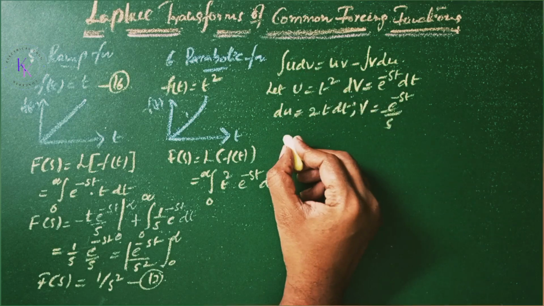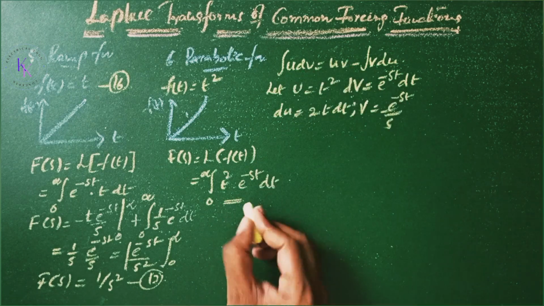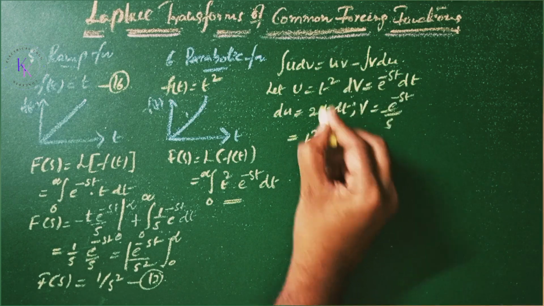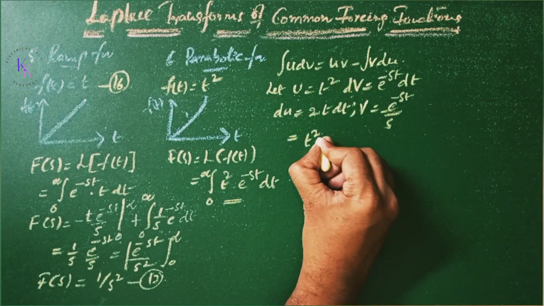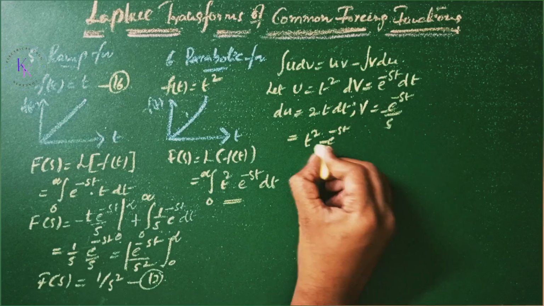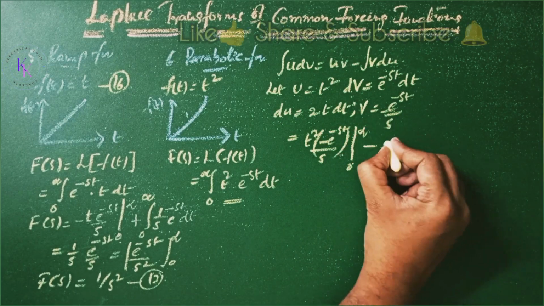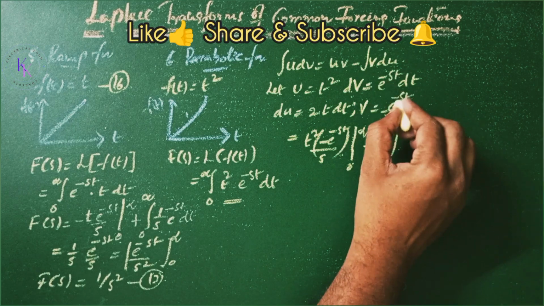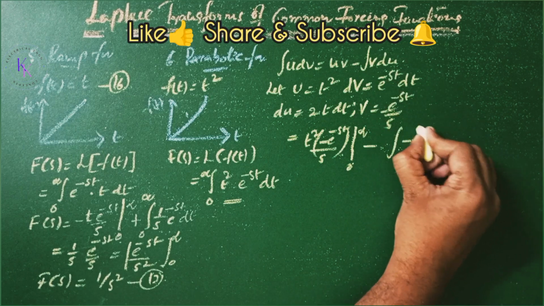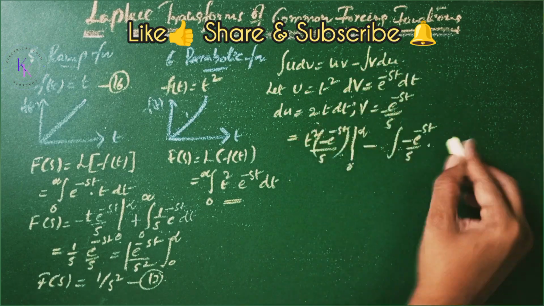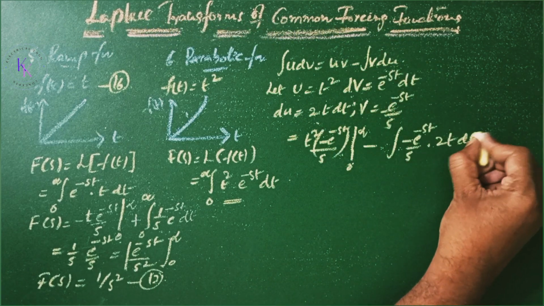Now substitute this in the formula. This value is u, that is t square, and v, minus e power minus st by s, between the limits 0 and infinity, minus the integral of v, which is minus e power minus st by s, and du is nothing but 2t dt.